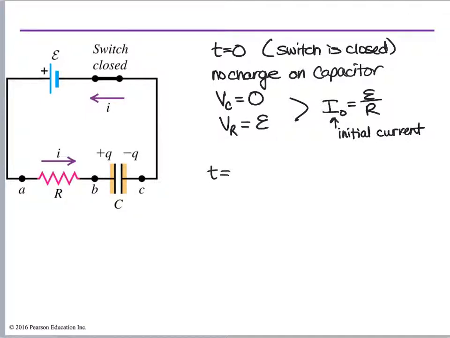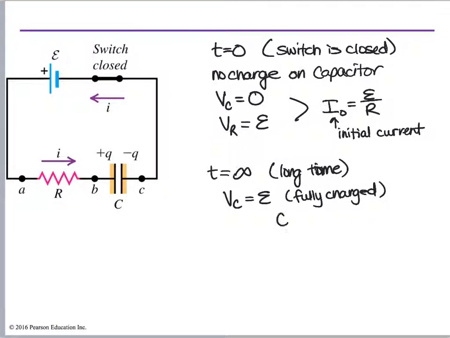If t is infinite, which is just our way of saying after a long time, at that point, the potential drop across the capacitor is equal to that of the EMF. At that point, it's fully charged.